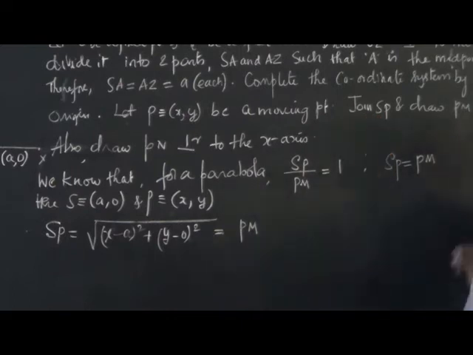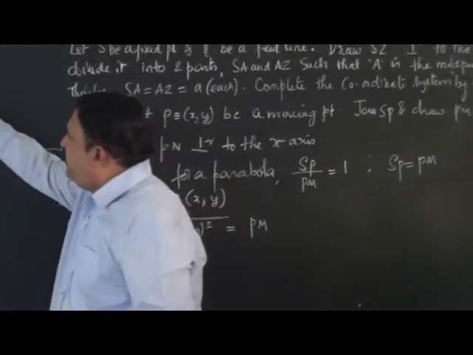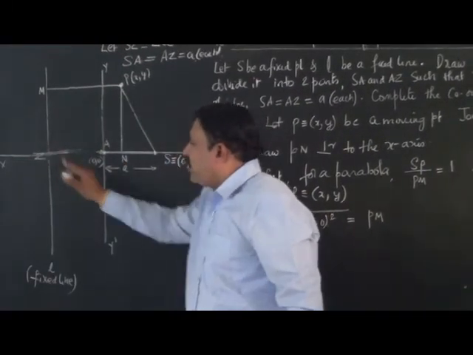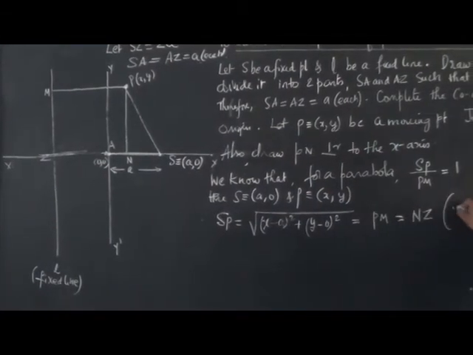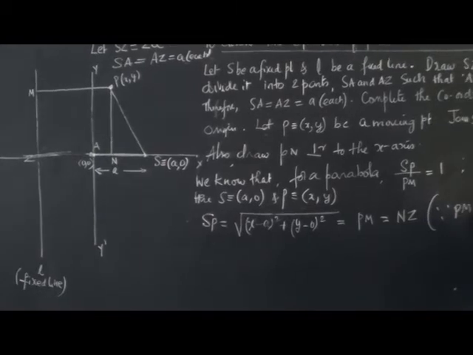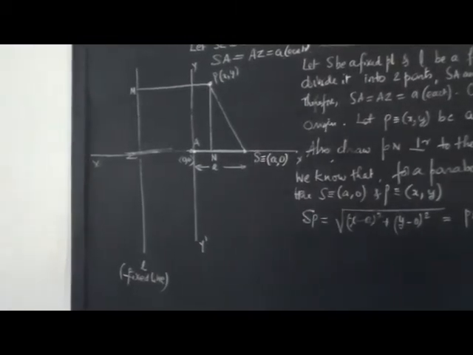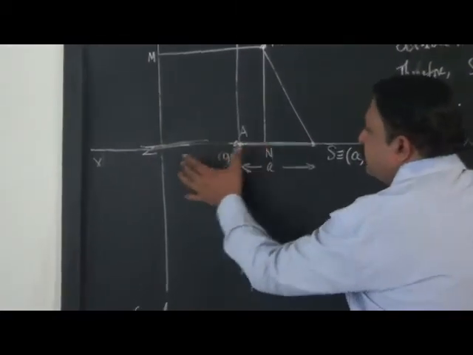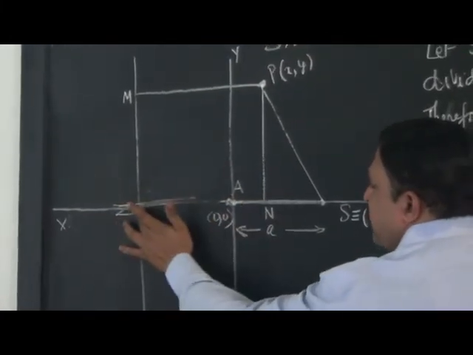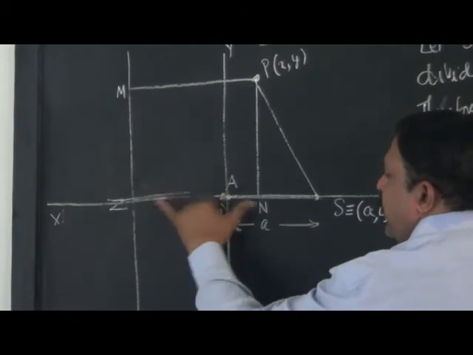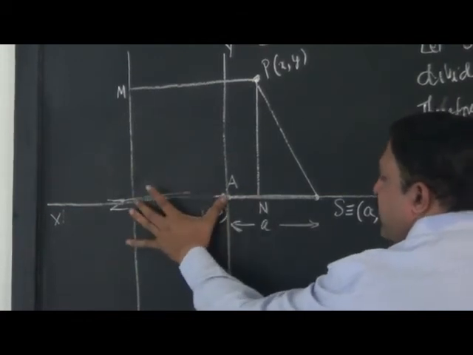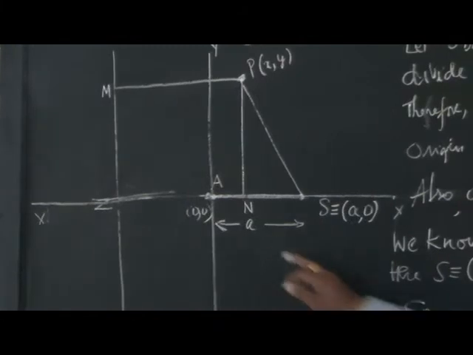SP's length is this, and PM. If you look at the diagram, PM is geometrically equal to NZ. So I can replace PM by NZ. And NZ is AZ plus AN. The length of NZ is the length of AZ plus AN.